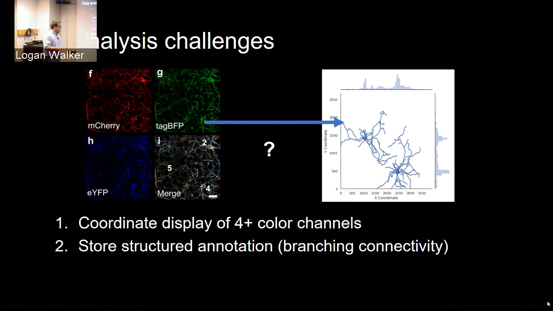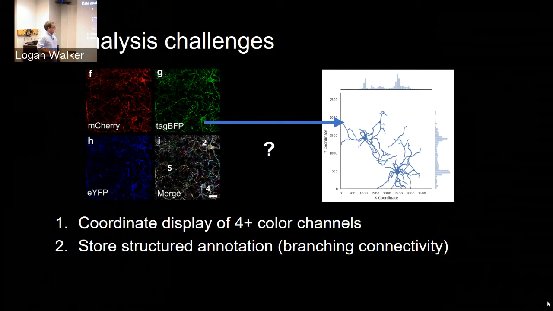You need to be able to store these structured annotations of your images, and specifically, they form branching connectivity maps. So much like computer scientists love, neuron structures can be represented as trees, but when you look at the tools that are out there for annotating biomedical images, they're not built for annotating trees. They're built for annotating lines or squares or putting points on your image.